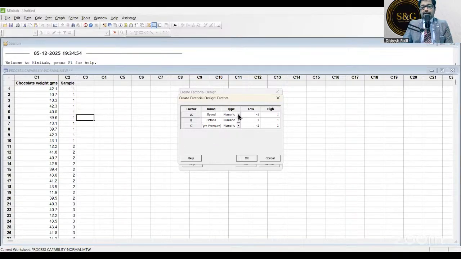In the type there are two options, numeric or text. Now what is numeric and what is text? Speed is numeric data, right? 55 and 60, it's numeric data. Octane is again numeric data. What is text data, for example?